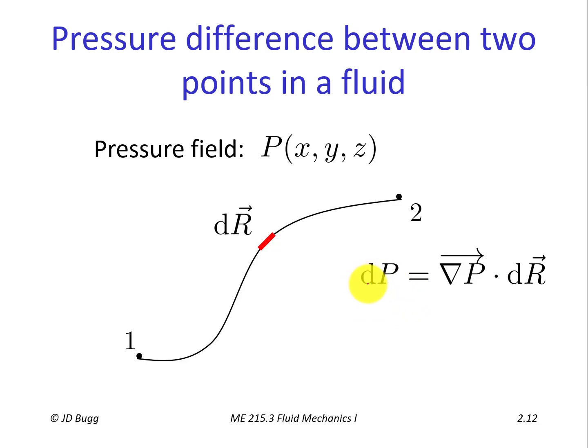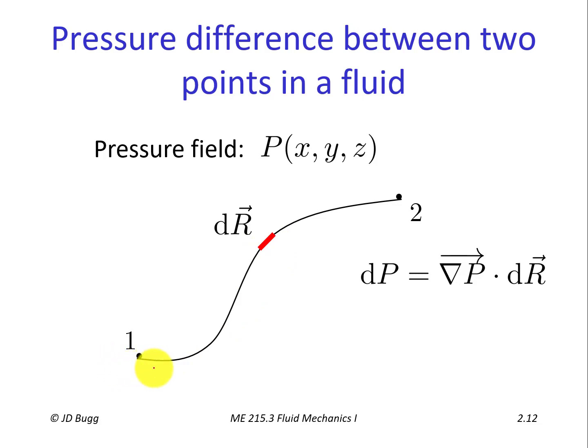So this is our starting point for calculating a pressure difference from 1 to 2. Remember, this is going to be coming from our basic hydrostatic equation. So this is dP, the very small pressure difference moving from there to there.